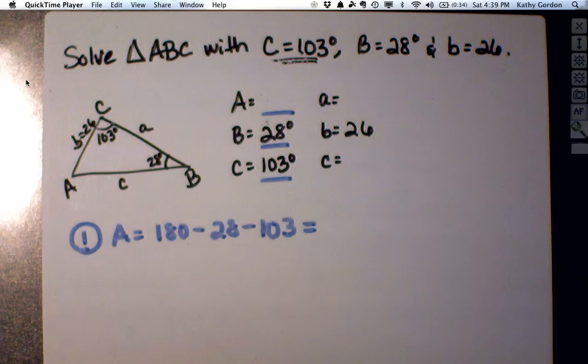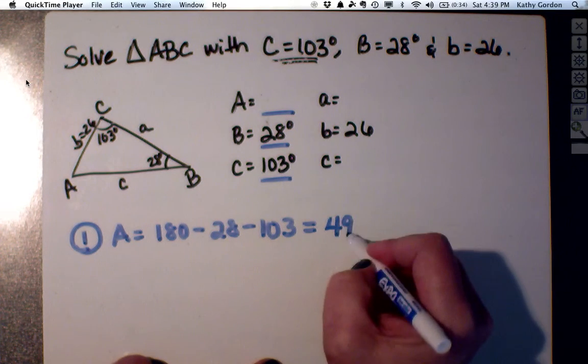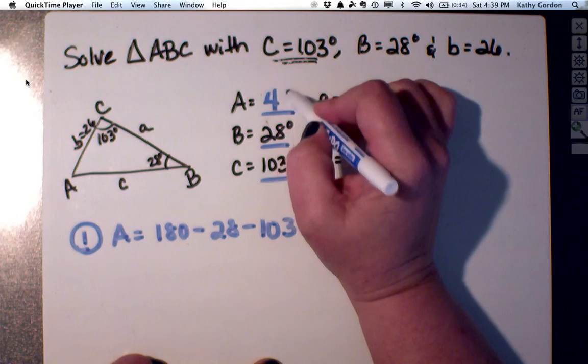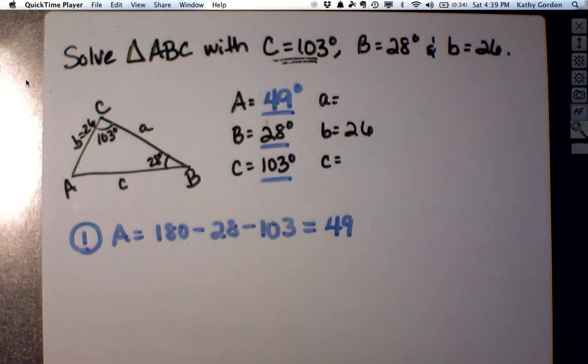Because we know that all three angles of a triangle have to add up to 180. And so when we do that, we get 49, and that means angle A is going to be 49 degrees. Okay, so that was an easy missing piece to find.